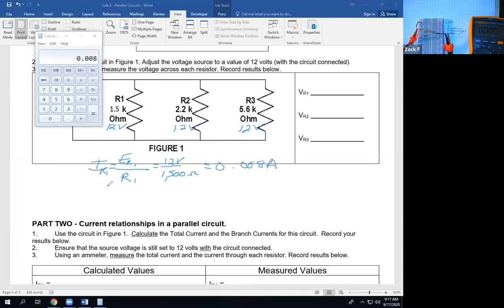So that's R1. IR2 is going to be 12 divided by 2,200. IR3 is going to be 12 divided by 5,600.